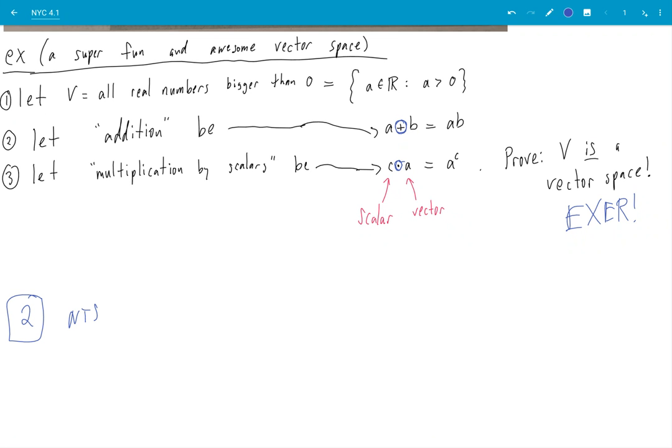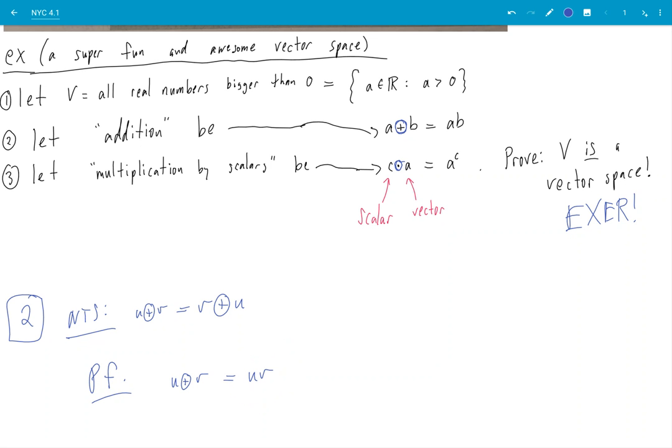I need to show that u plus v is always equal to v plus u, and I'll put my circles here to indicate I'm doing something different. Let's start with the left-hand side. What is u plus v? Well, that is equal to the product, u times v. This product is the product in the real numbers, the usual product.